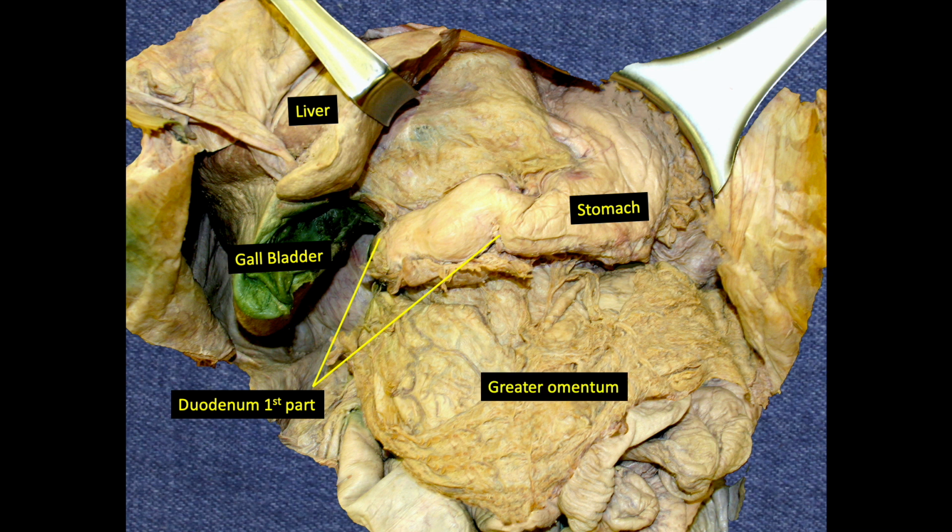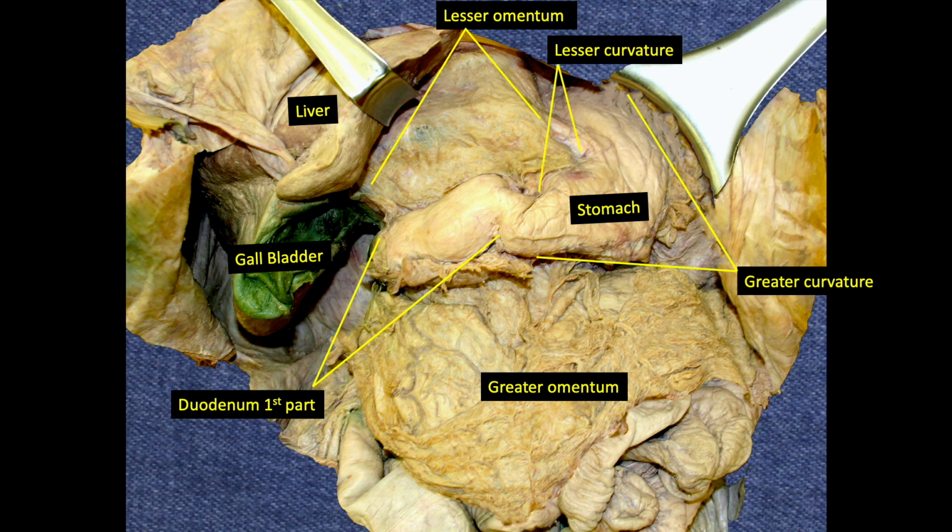Given that we previously identified the fatty membrane hanging from the inferior border of the stomach as the greater omentum, this membrane is known as the lesser omentum. Specifically, the greater omentum hangs from the greater curvature of the stomach, whereas the lesser omentum extends from the lesser curvature of the stomach and the duodenum to the liver.